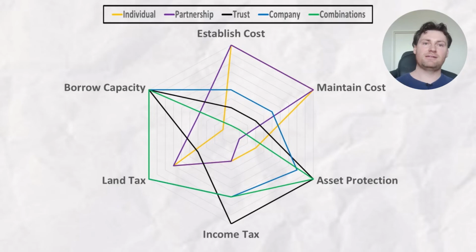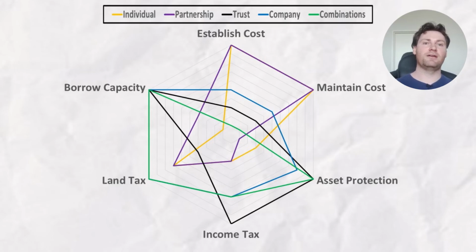From a borrowing capacity perspective, trusts, companies, and combinations of those have the greatest ability to get the most amount of borrowing leverage that there are in the marketplace. So bear that in mind when trying to purchase multiple pieces of real estate. You may want to consider trust companies or a combination of them. From a land tax perspective, the best structure you can use is a company or a combination that uses a company to purchase the entity, because every company you set up gets its own land tax free threshold.